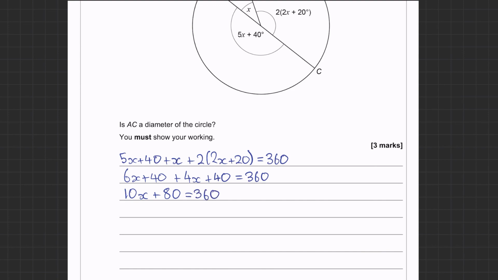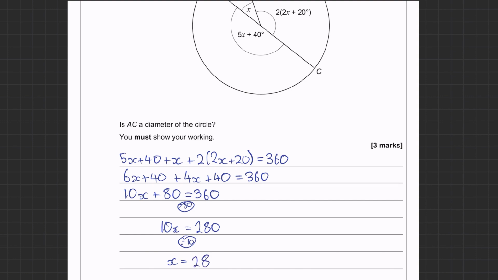And now we just have to calculate it or rearrange and solve for x. So we're going to take away 80 from both sides, and that will leave us with 10x equals 280. Divide both sides by 10, that will leave us with x equals 28.